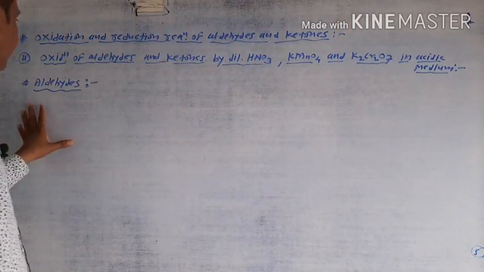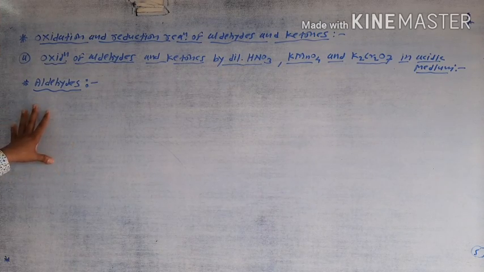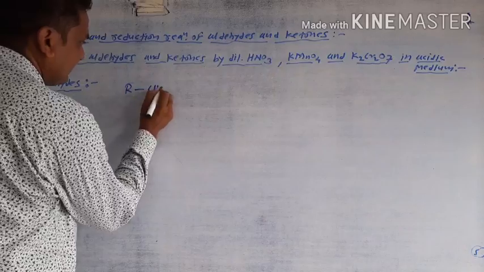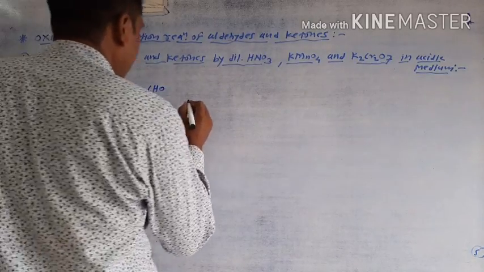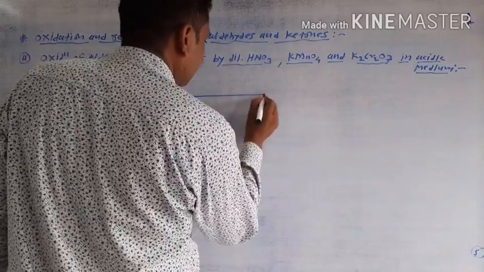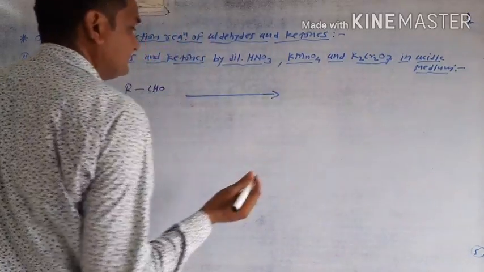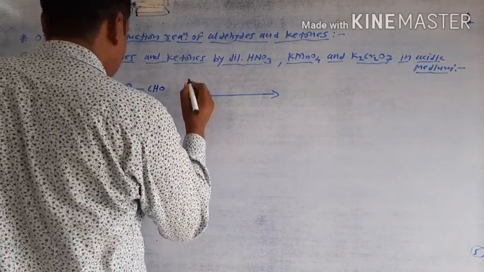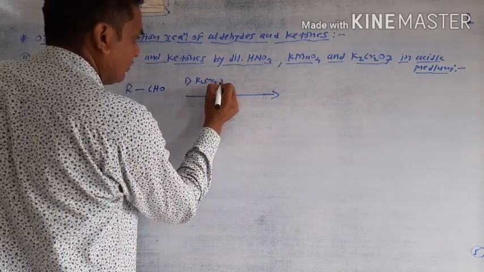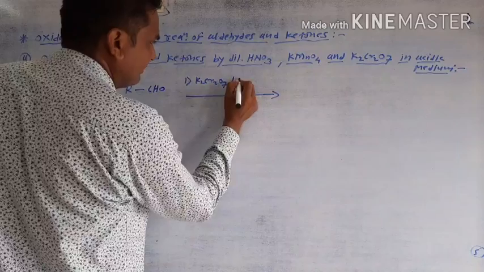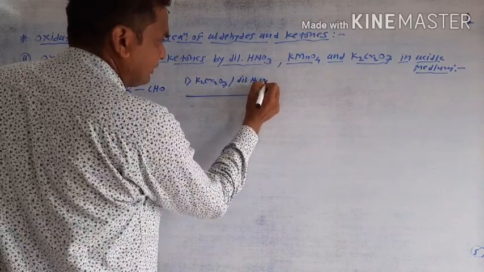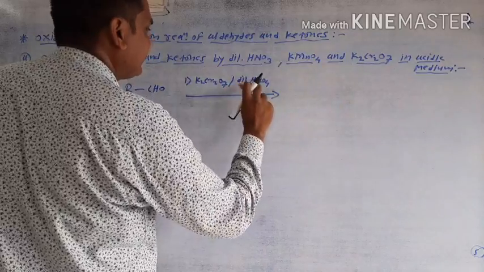This oxidizing agent oxidizes the aldehyde. In general reactions, the aldehyde reacts with these three reagents, which give a similar product. First, K2Cr2O7 in the presence of dilute H2SO4, that is, in acidic medium.